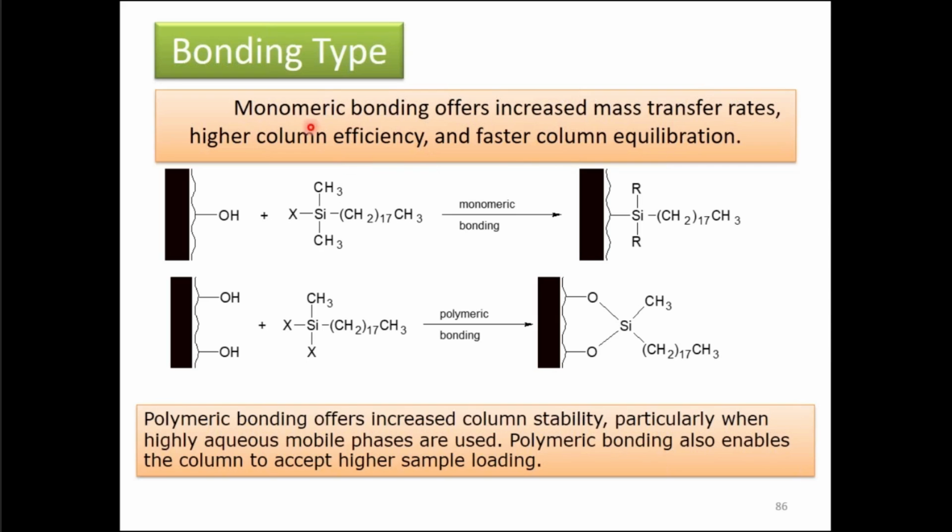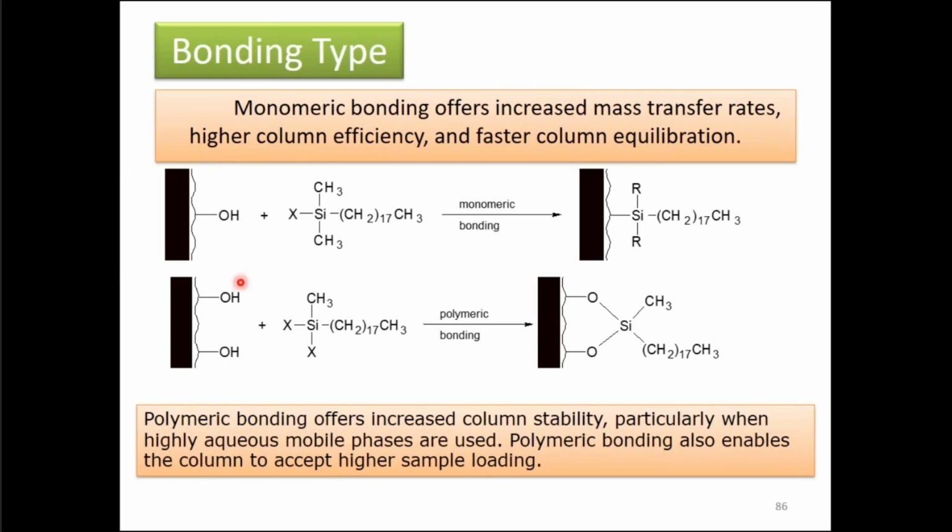What it means is a single molecule bonding. So at a given bonding site, you have a single monomolecular layer of the solute getting absorbed. So this will actually help.